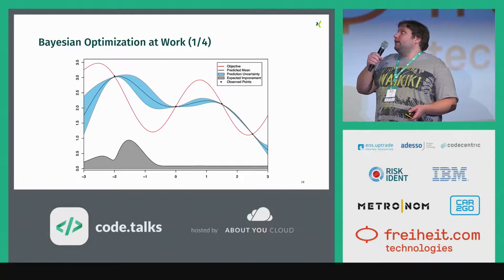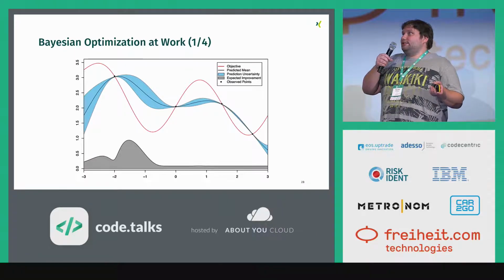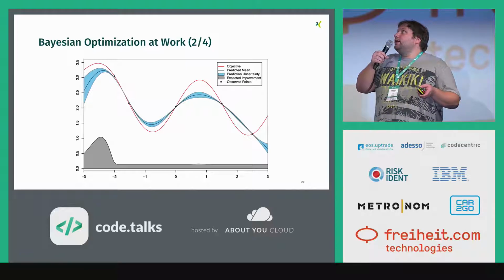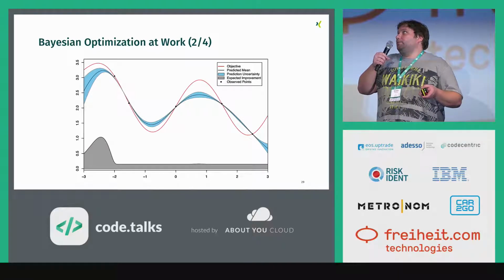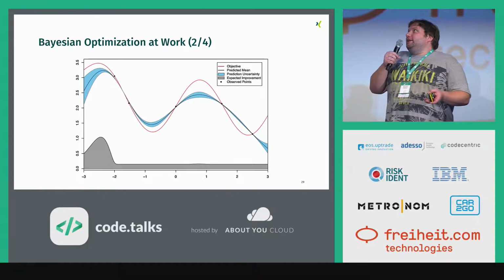So what do we do then? We get this hyperparameter configuration as, let's say, a proposal, and then we test it, run it, relearn the model, and now you see that we basically interpolate this red function that we want to know about a little bit better.